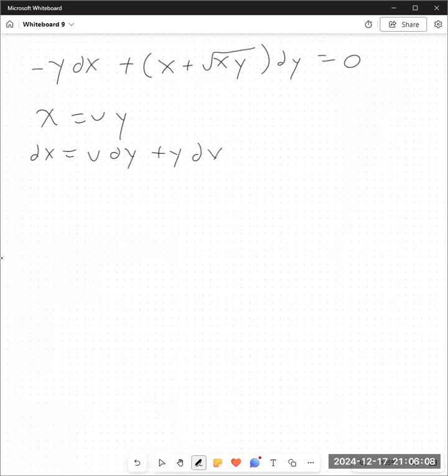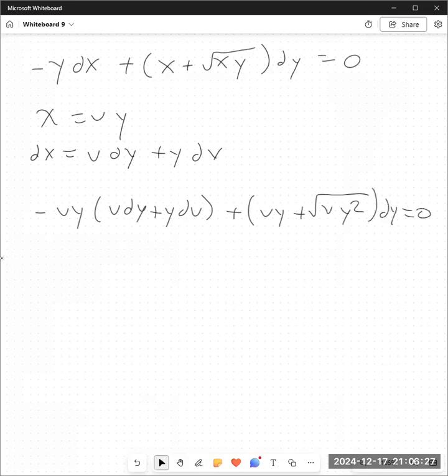So we have a negative vy times v dy plus y dv, plus quantity vy plus square root of x, which is vy, so I have a vy squared here, dy equals 0.